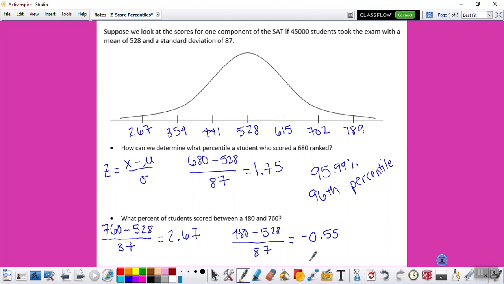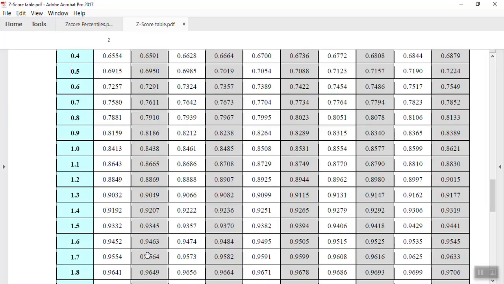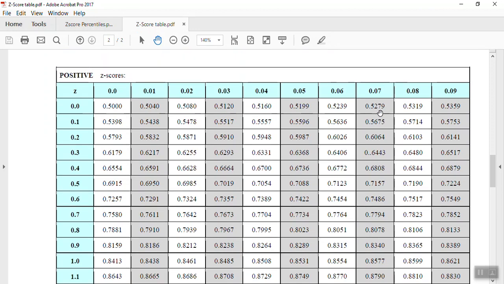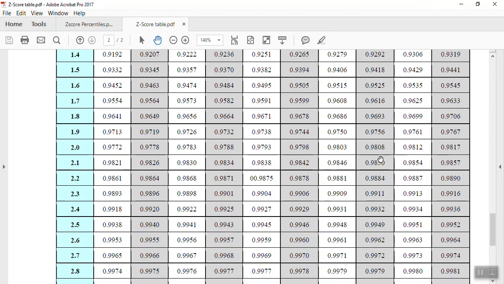So I'm going to look up both these numbers on my chart. So 2.67. This is the 0.07. 2.6 would be 99.62.